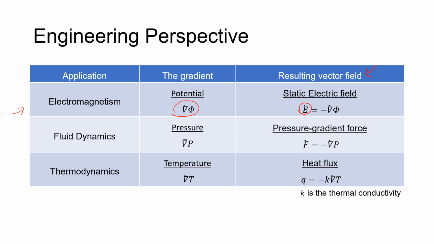In another field of study, such as fluid dynamics, we have the pressure gradient, and this defines the force, because the vector F is equal to minus nabla p. And in thermodynamics we have the temperature gradient, which defines the heat flux q equal to minus k nabla T, where k is the thermal conductivity.